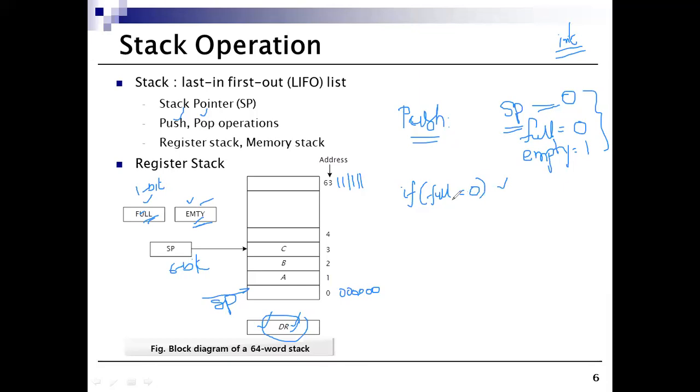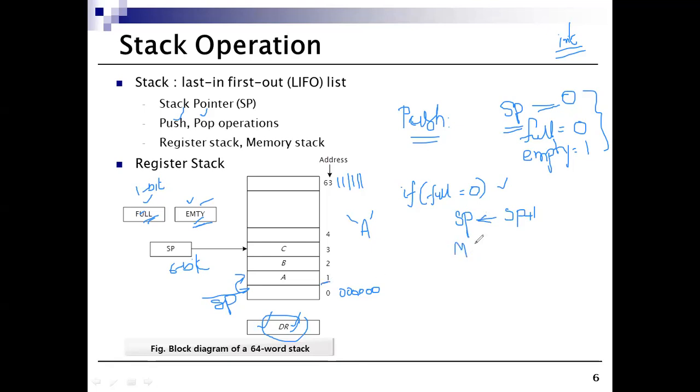So what is the push operation doing? Let us suppose my first element is A, and I want to push it onto the stack. SP is initially at 0. What are the micro operations for push? SP is first incremented by 1, so it goes to location 1.